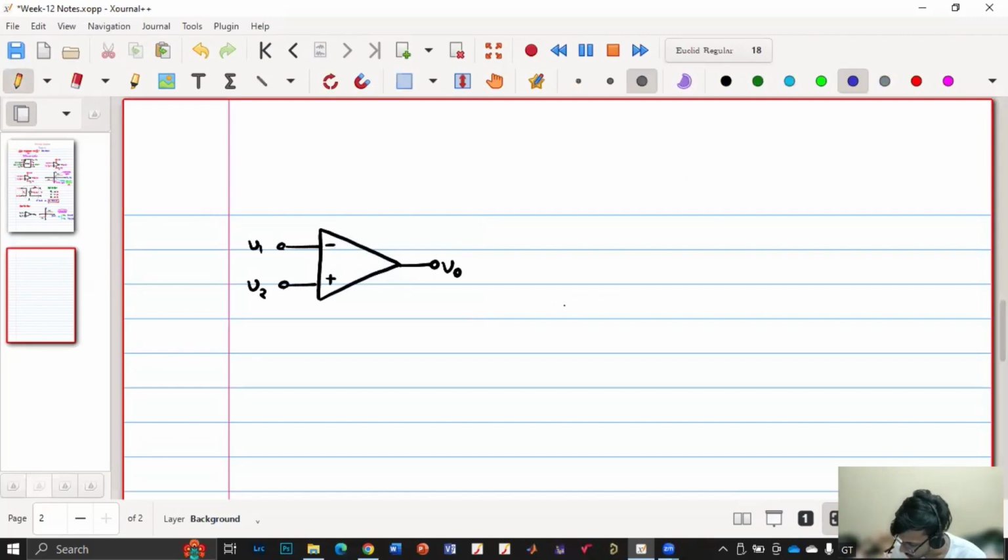Let us consider ground, so say V1 is grounded, and this is assumed to be an ideal op amp.